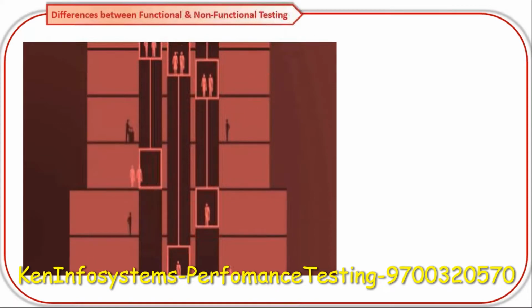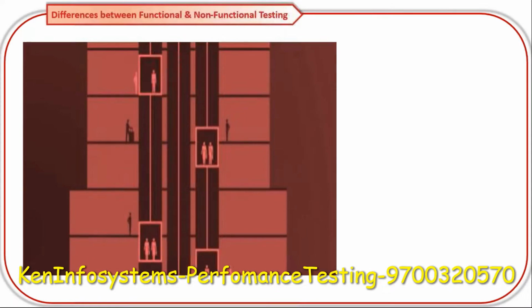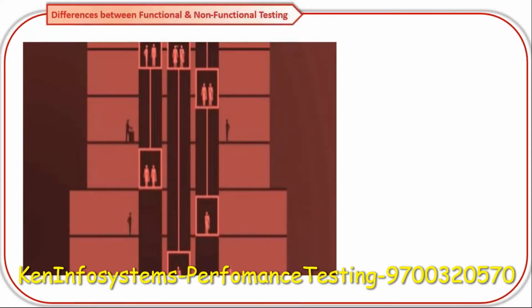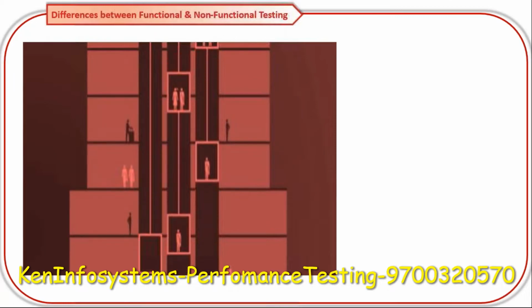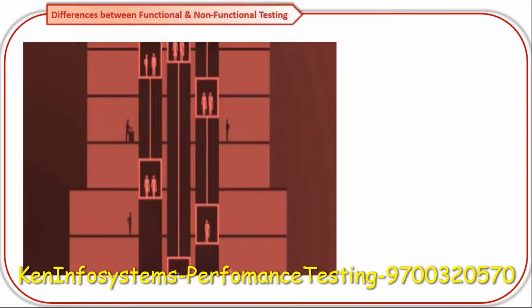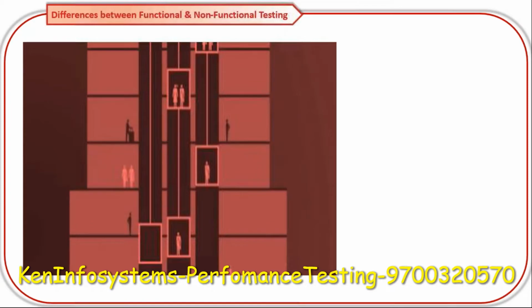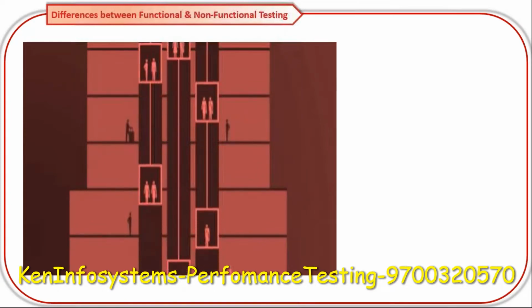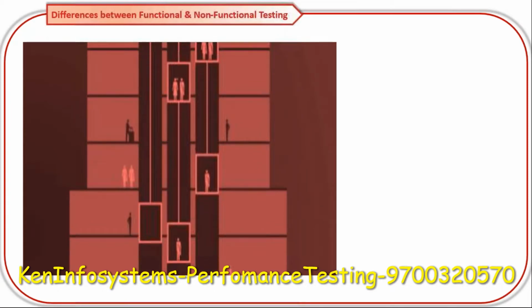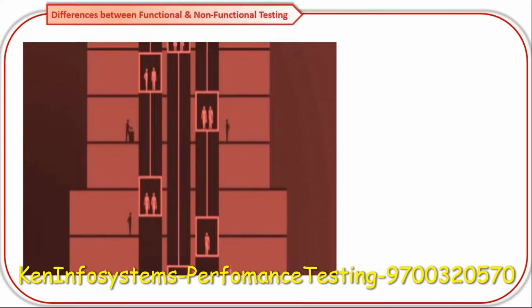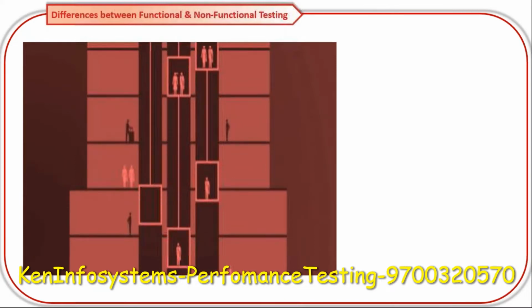Then he will try with 15 people, 20 people, so different loads, varying the load and measuring the time taken to reach the destination floor. So all these are non-functional aspects.